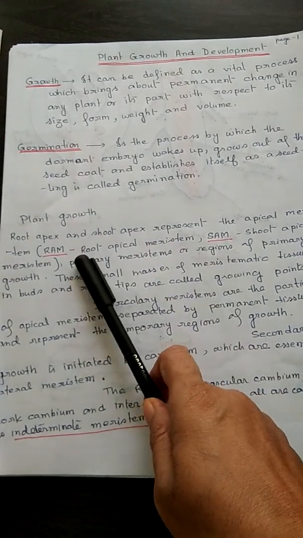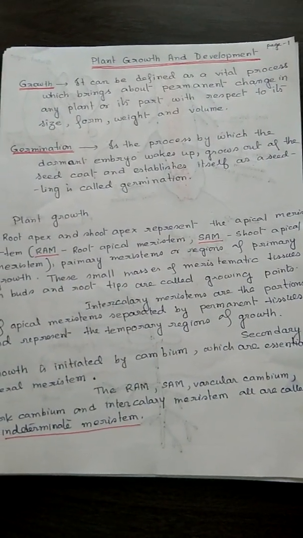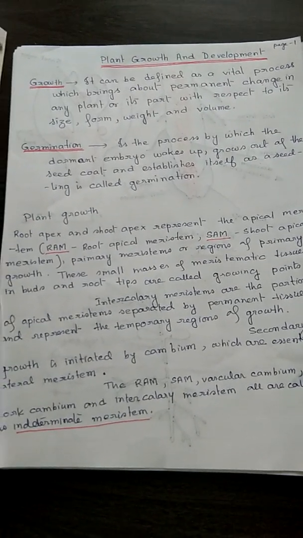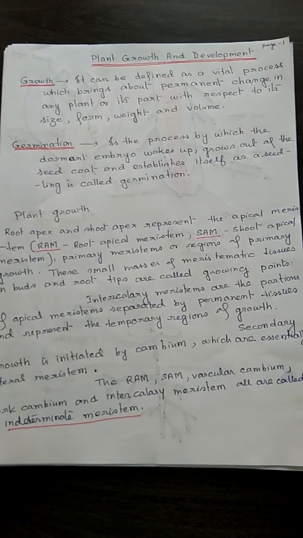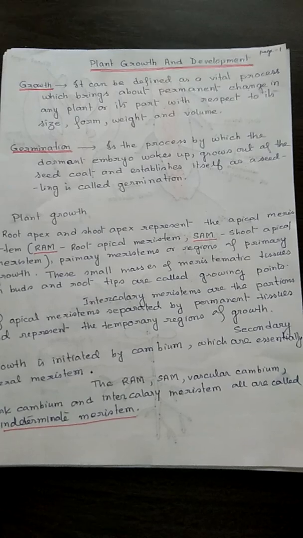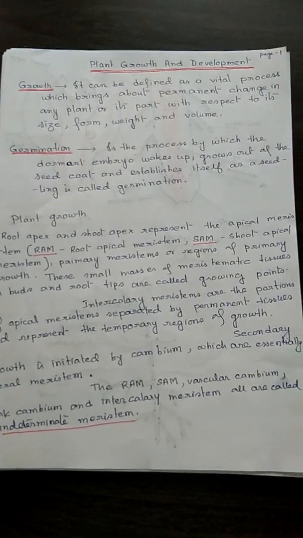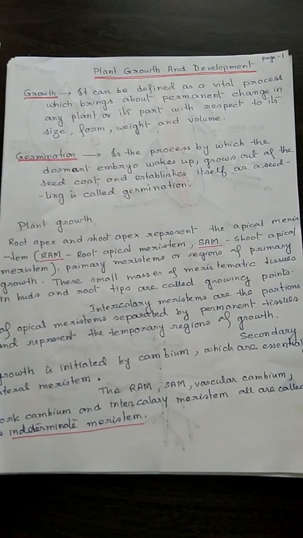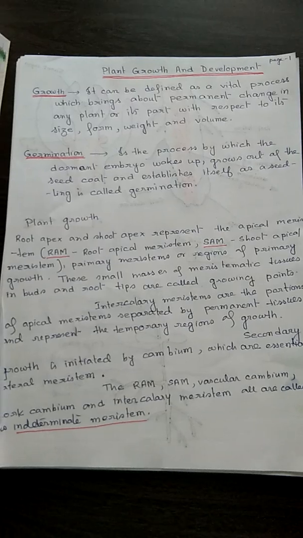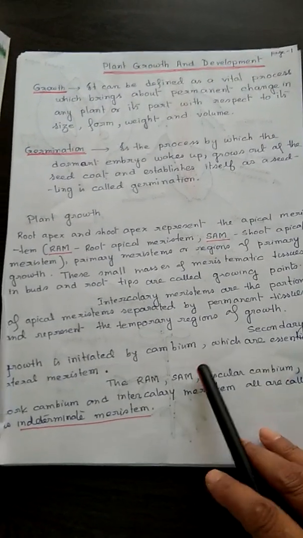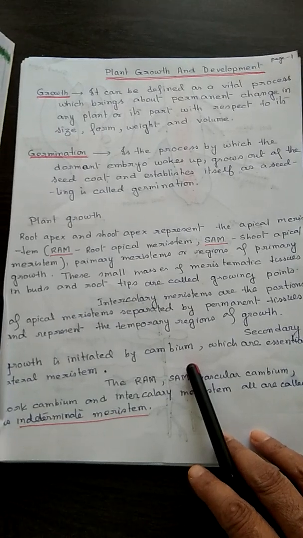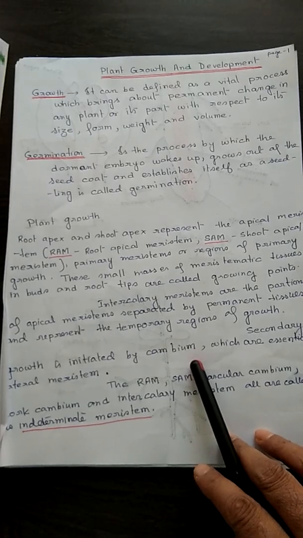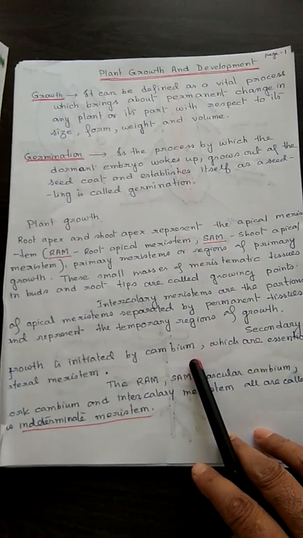This SAM and RAM are the primary meristems, the region of primary growth, and this small mass of meristematic tissue in buds or root tips is called the growing point. Besides that, some other meristematic tissues or permanent tissues gain the meristematic function, due to which secondary growth takes place, and that is the cambium, essentially for the increased width of the plant.